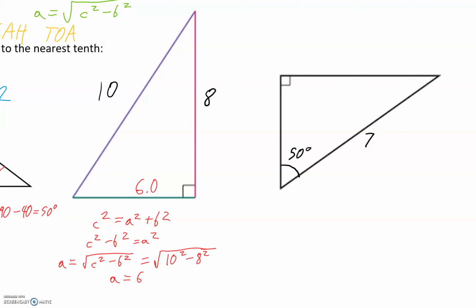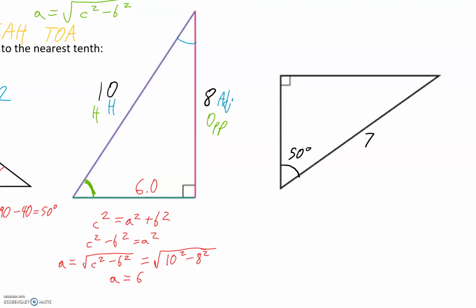Okay, now looking for the angles. I would just go from one perspective and call them the opposite and the hypotenuse, and then go from the other perspective and call them the adjacent and hypotenuse.